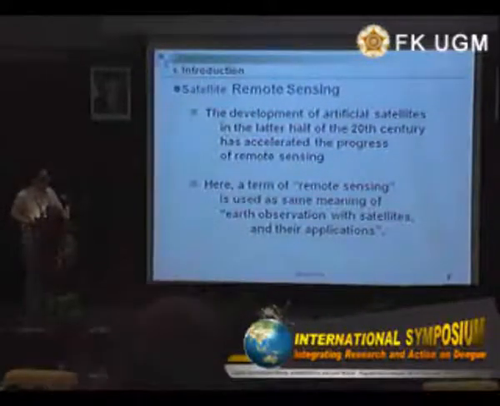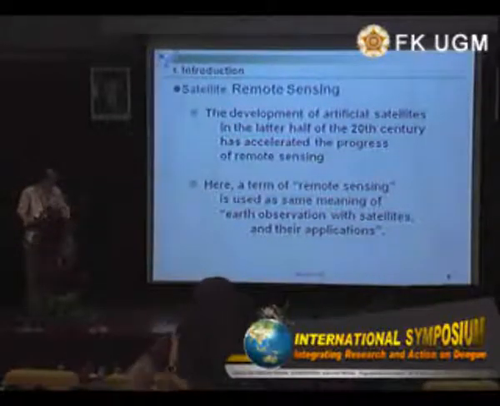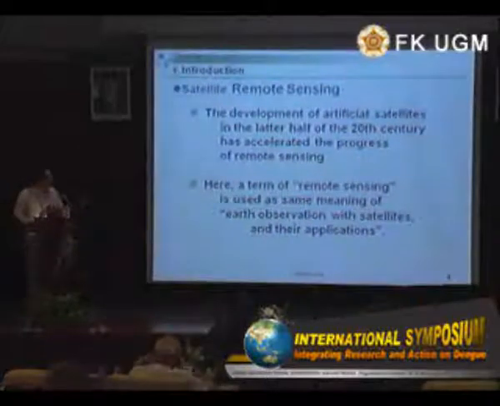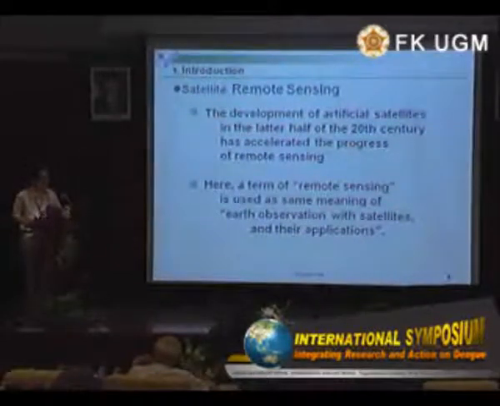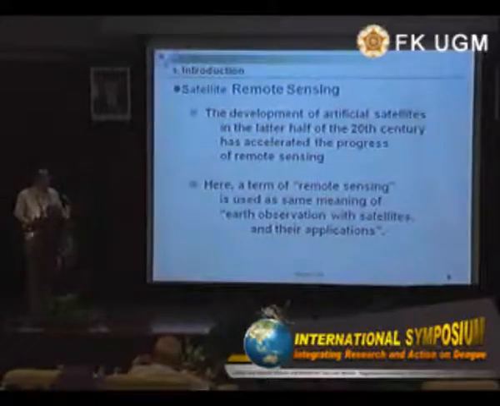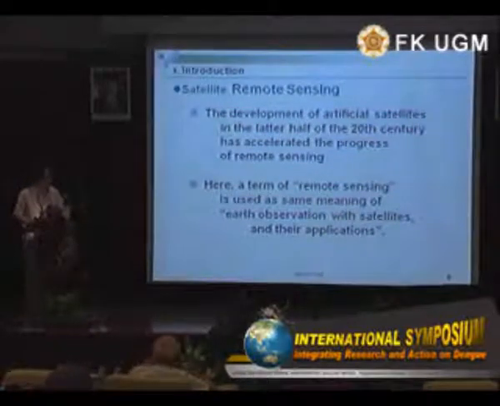Firstly, introduction. In the last century, the 20th century, the debut of aircraft provided us with remote sensing technique, and the development of satellites has accelerated the progress of remote sensing technique.